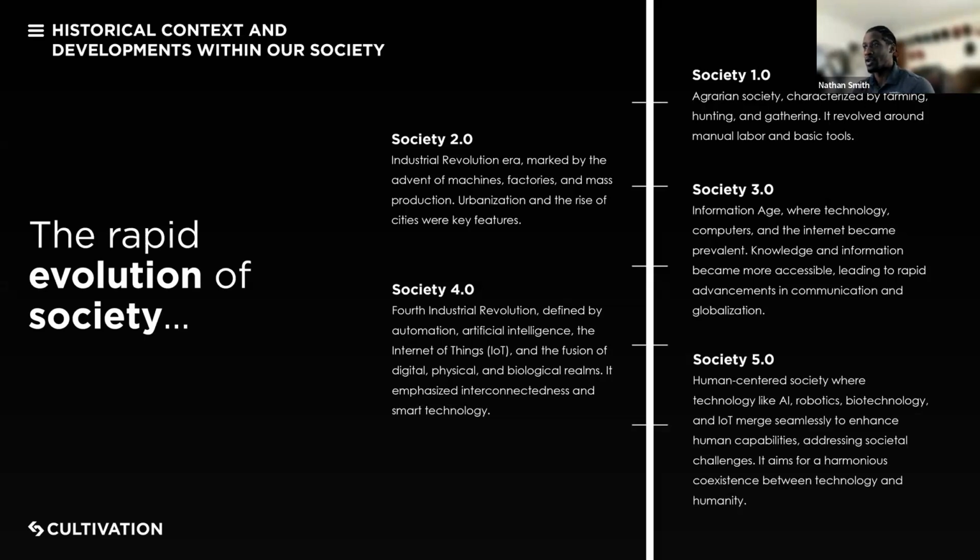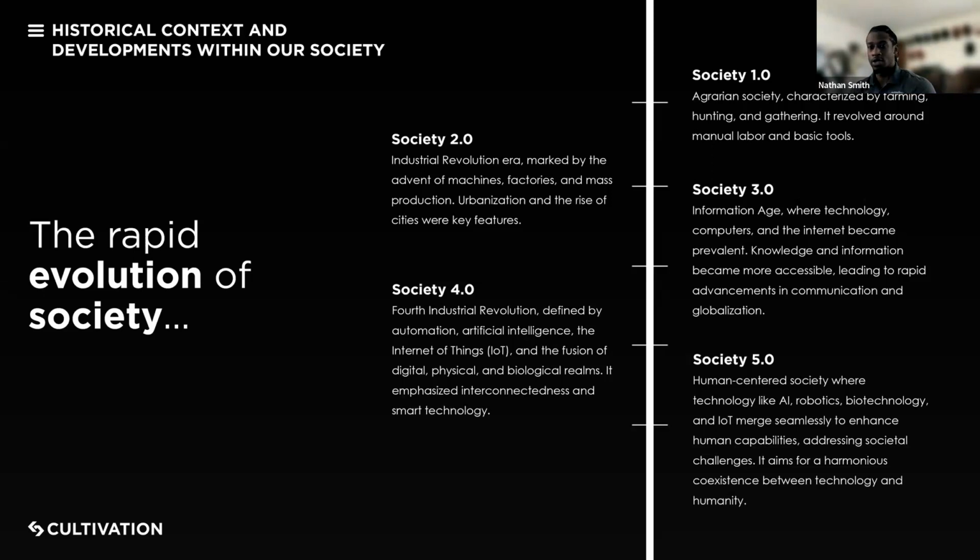Fast forward a couple of decades, we have the industrial revolution, where we had the advent of machines and factories, and mass production. Society 3.0 was the information age, where technology, computers, and the internet made more of a mark on the world, and knowledge and information became way more accessible.